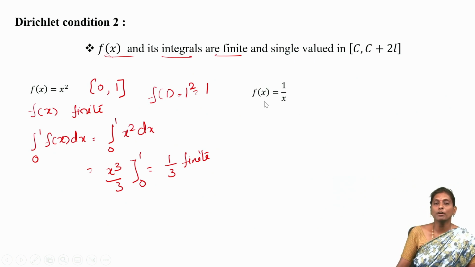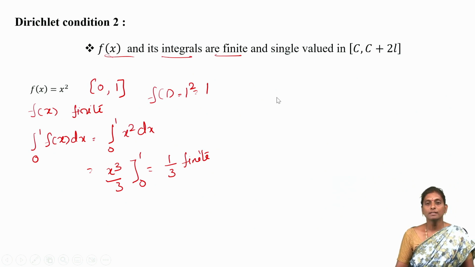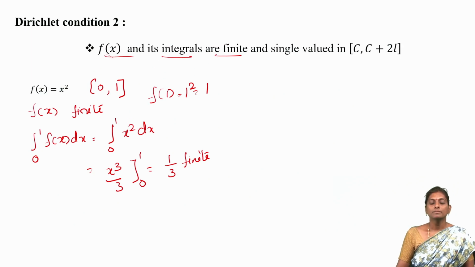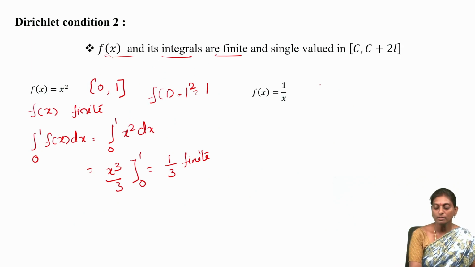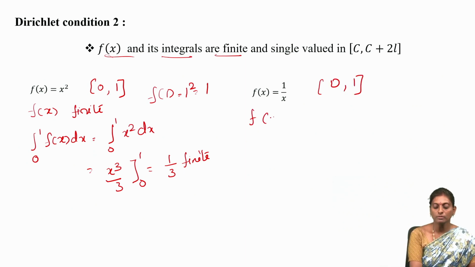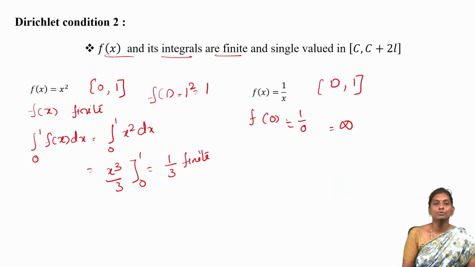Next, one more example. Suppose we consider f of x is equal to 1 by x in the interval 0, 1. What is the f of 0 value? See that 1 by 0 is equal to infinite. So the function f of x is not finite, so this Dirichlet condition is not satisfied.